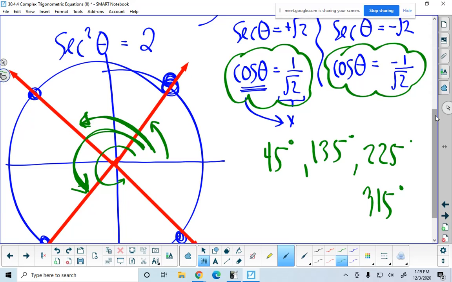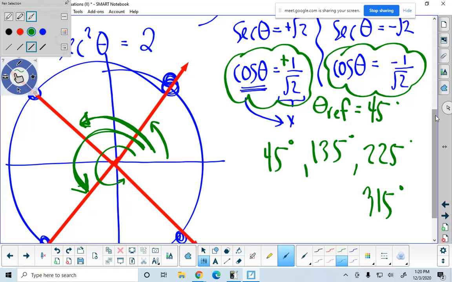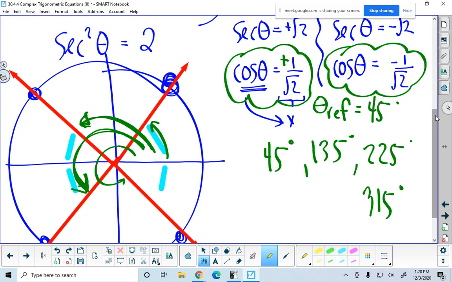The reason is you're going to go inverse cos of 1 over root 2, and you're going to get 45 degrees. If cosine is positive, it's 45 degrees in quadrant 1 and in quadrant 4. If cosine is negative, it's 45 degrees in quadrant 2 and in quadrant 3. So you get the same answers.